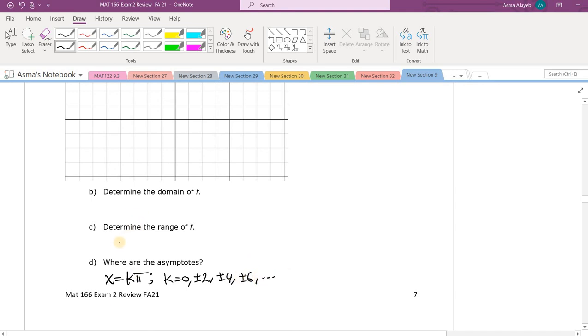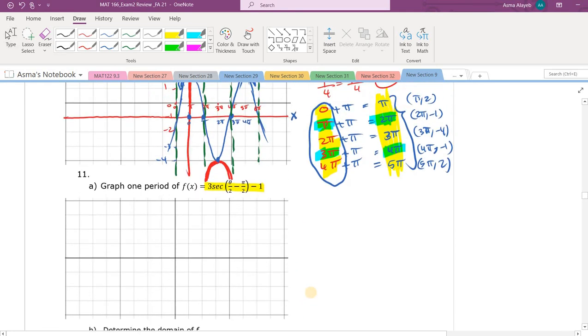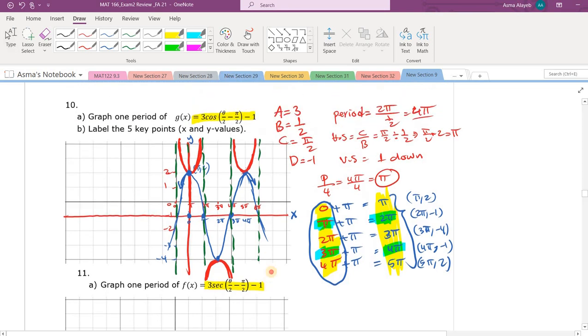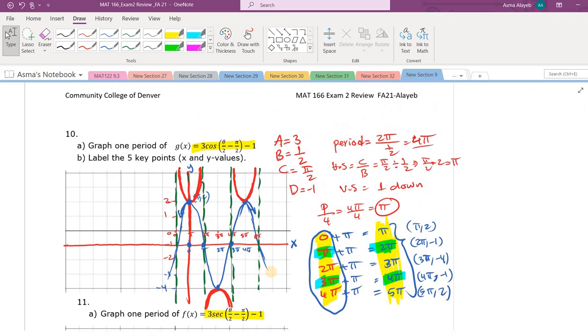We know that the domain of the secant is taking all of the numbers except for the even multiples of pi.